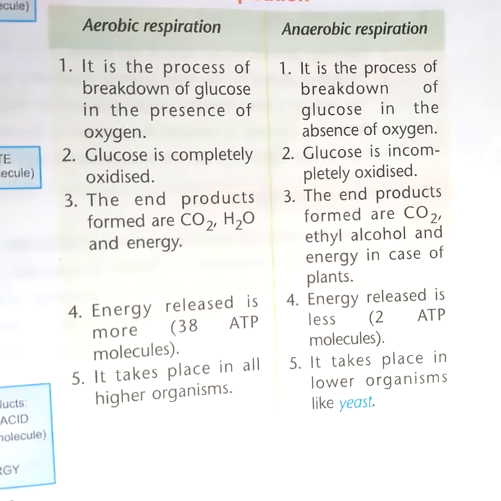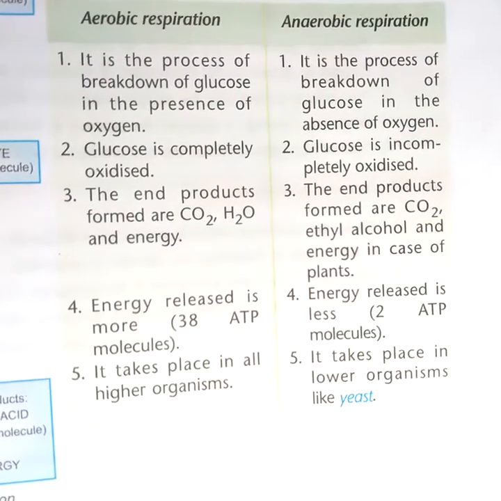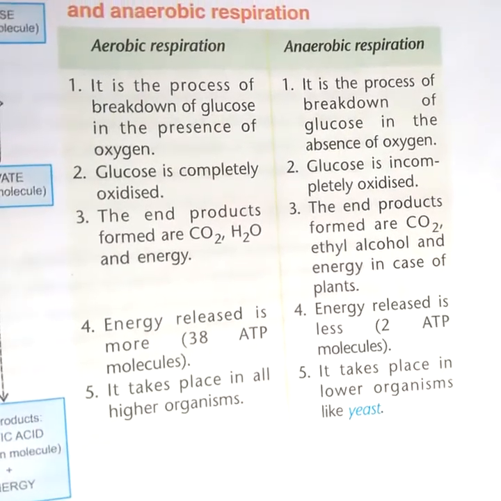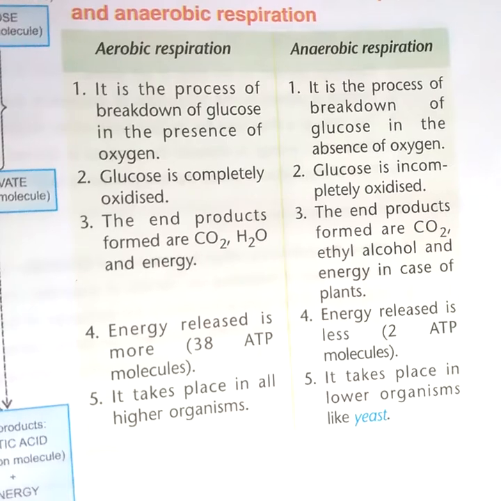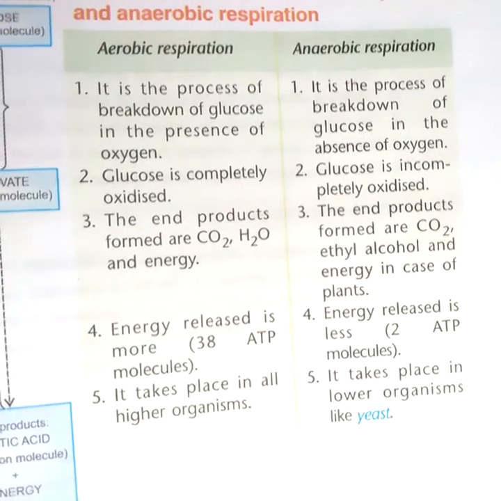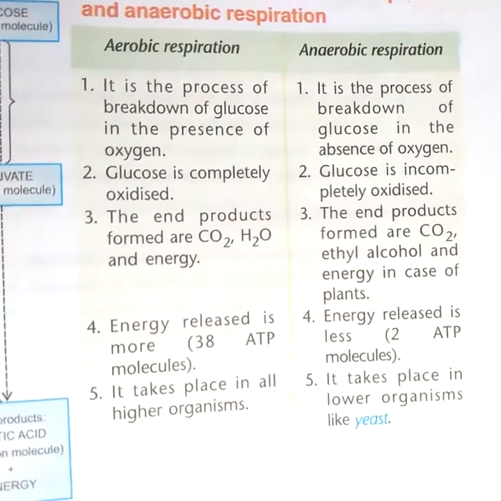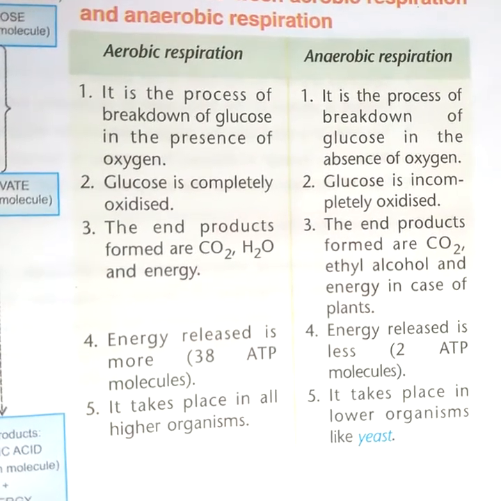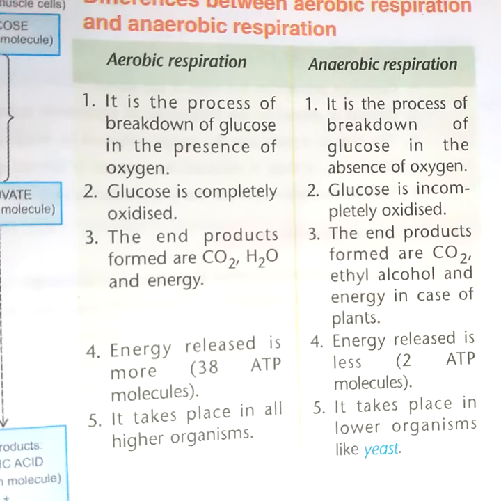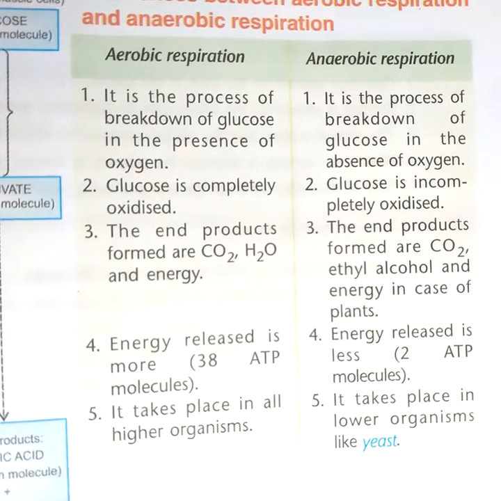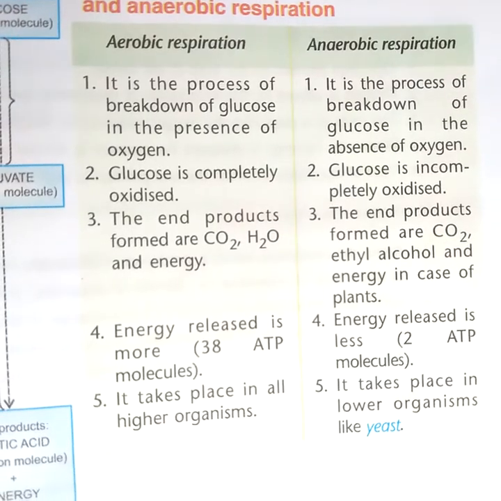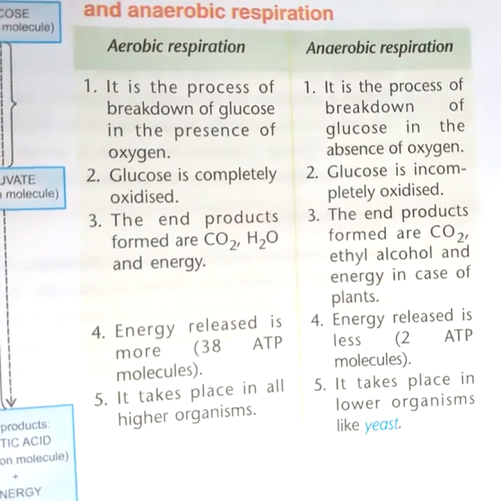Point number 4, energy released is more, that is 38 molecules of energy are released here in aerobic respiration, and in anaerobic respiration energy released is very less, that is 2 ATP molecules. And the last one is aerobic respiration takes place in all higher organisms and anaerobic respiration takes place in lower organisms like yeast. Is it clear? All 5 points are clear to you?